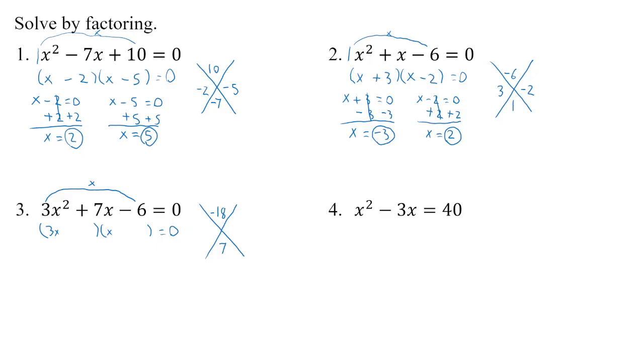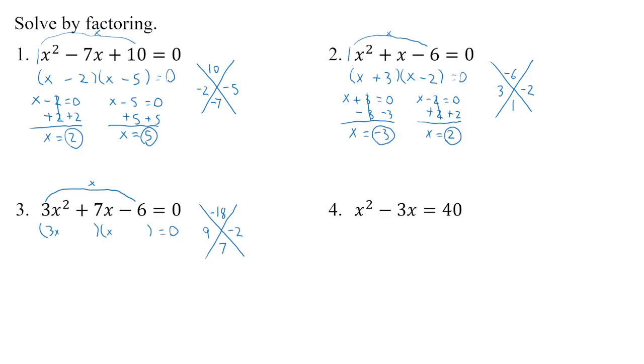Now, we're looking for two numbers that you multiply to get -18 and add to get 7. And those two numbers are 9 and -2. 9 times -2 is -18, and 9 plus -2 is 7.